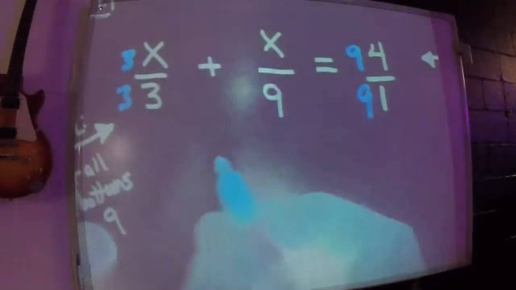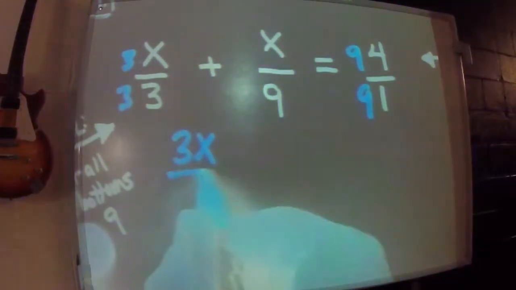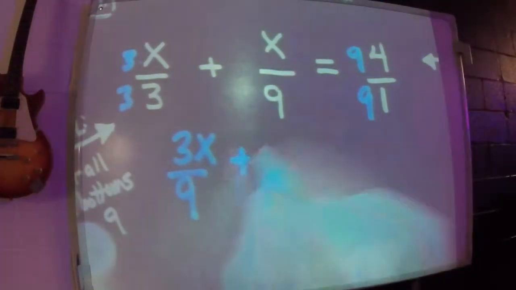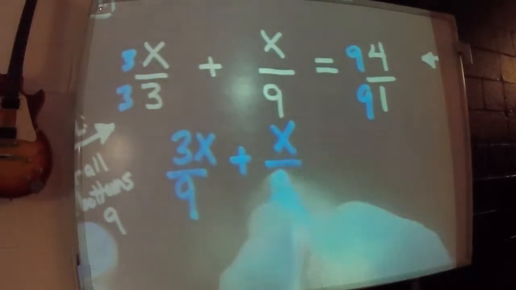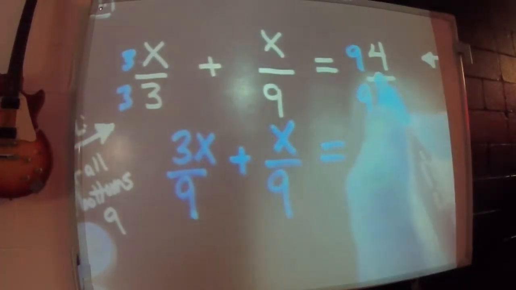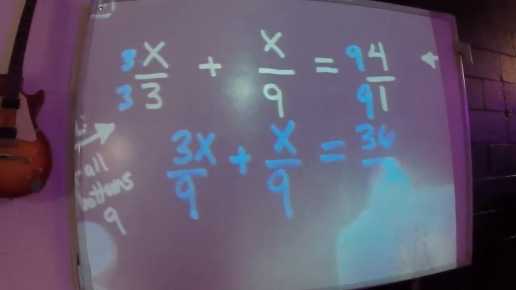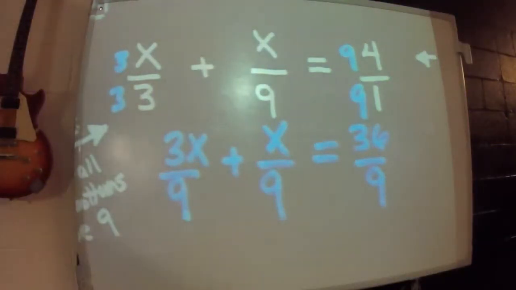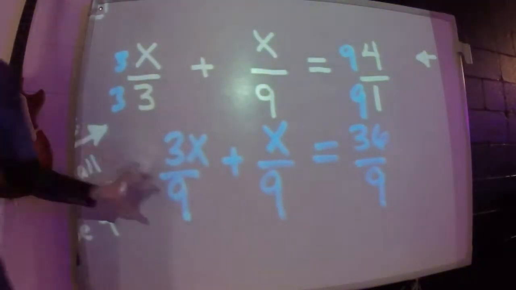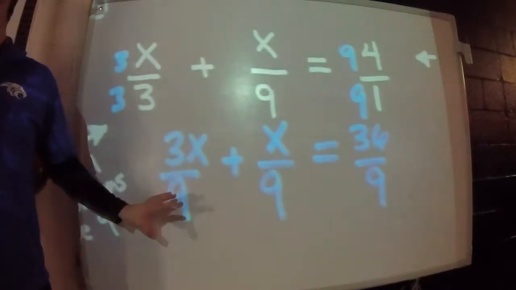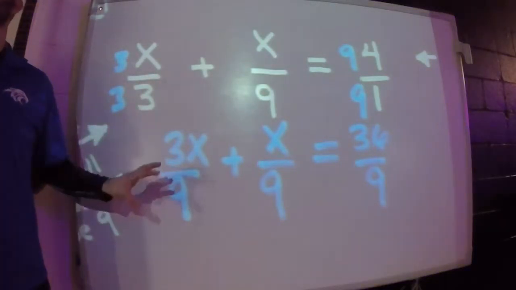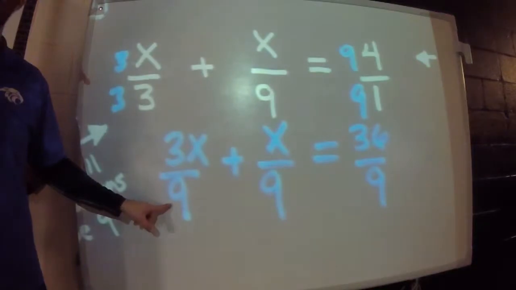So this makes 3x over 9 plus x over 9 equals 36 over 9. Now, is every piece of your equation a fraction? Yes. Does every piece have the same bottom? Yes. They're all 9s.